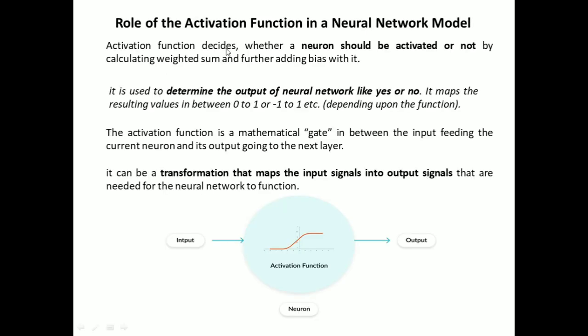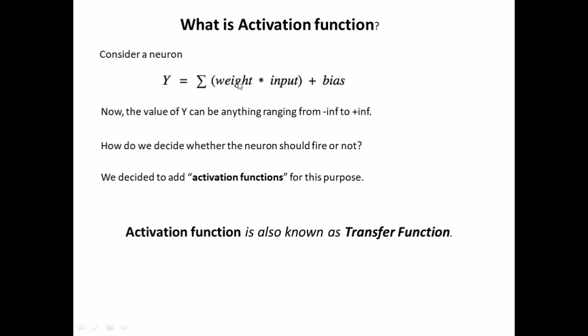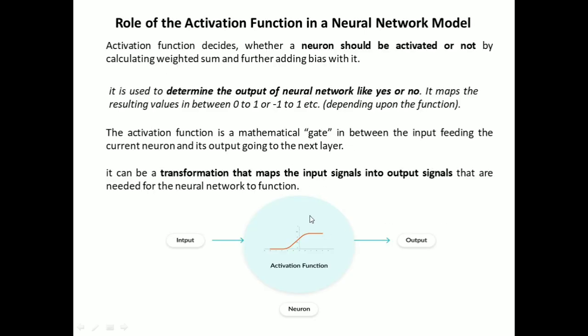Now let us see the role of the activation function in the neural network model. As we discussed, the activation function decides whether a neuron should be activated or not by calculating the weighted sum and further adding the bias to it. Later it is used to determine the output of the neural network, say yes or no, that is, it maps the resulting values between 0 and 1 or minus 1 and 1, depending upon the function we are using.